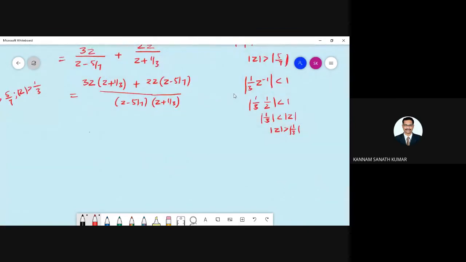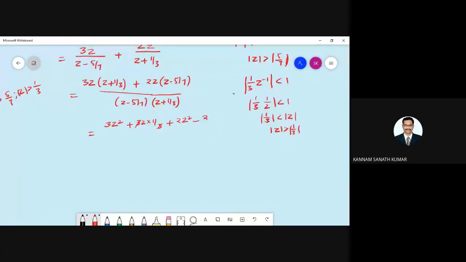So what you are getting: 3z square plus 3z into 1 by 3. Anyway these both cancel, plus 2z square minus 2 into 5, so that is 10, no? 2 into 5, 10.